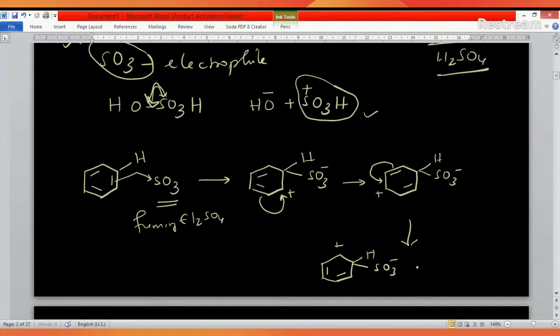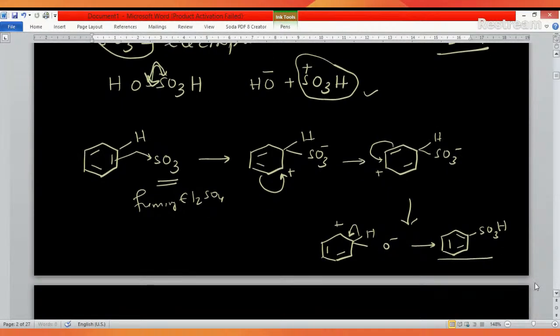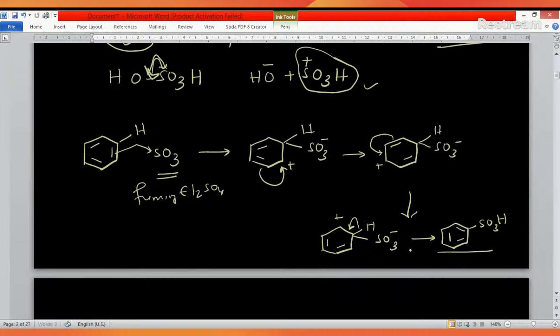Finally, to make it neutral, the hydrogen leaves and the electron pair is utilized by the benzene ring. The hydrogen which leaves combines with this SO3 minus to form SO3H. This SO3 minus is protonated at the end.